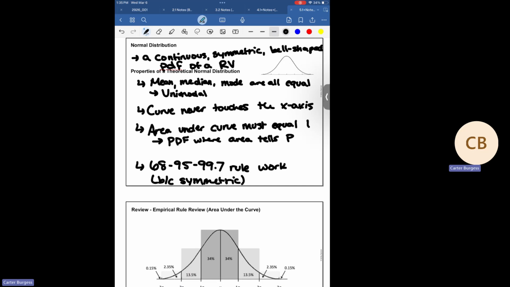I have since learned that the 68, 95, 99.7 rule actually applies to all symmetric distributions. 96 works better for the normal distribution. But to keep things general, this is the rule that we use. So this is true for all symmetric distributions, and certainly the normal distribution is a type of symmetric distribution.